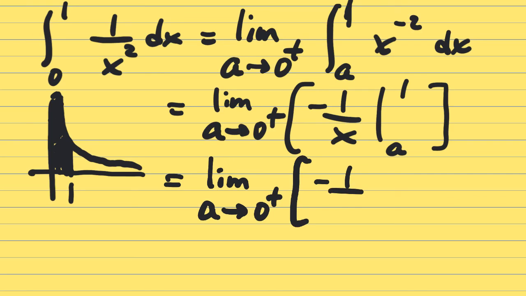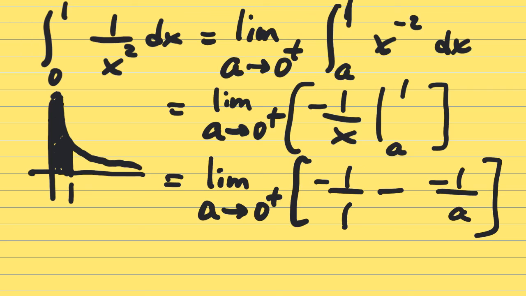Negative 1 over a minus negative 1 over... I got to reverse that. Top value, negative 1 over 1 minus negative 1 over the bottom value, which is a.